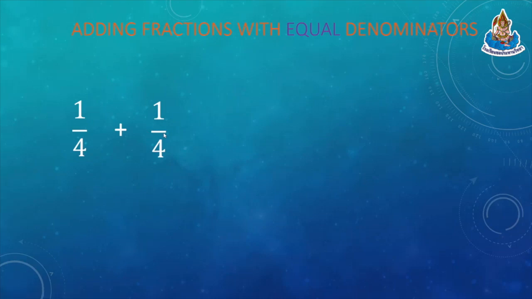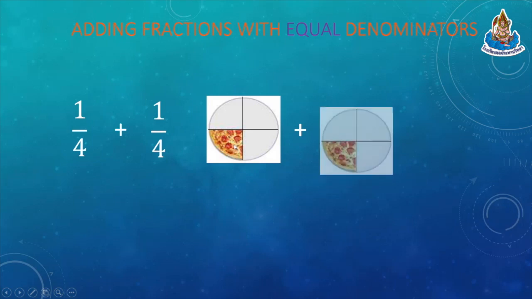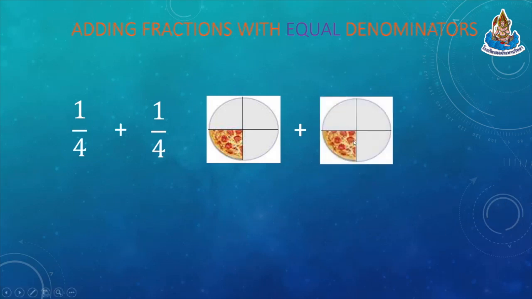First, let's illustrate addition of fractions on the diagram. On the first plate, I have one slice of pizza that is divided in 4 equal parts. And on another plate, I have one slice of pizza, also divided in 4 equal parts.